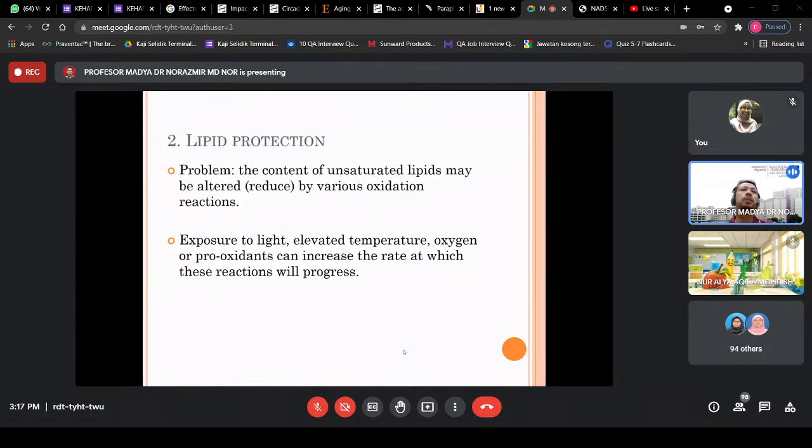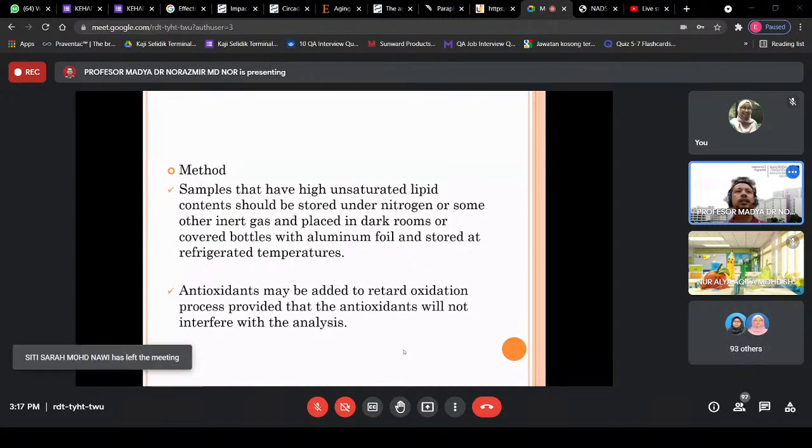The second one is lipid protection. The problem is that the content of unsaturated lipid may be altered or reduced by various oxidation reactions, through exposure to light, elevated temperature, oxygen, or pro-oxidants. Some samples might have a high unsaturated lipid content that should be stored under liquid nitrogen or some other inert gas.